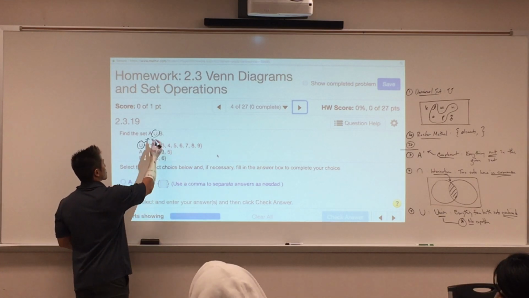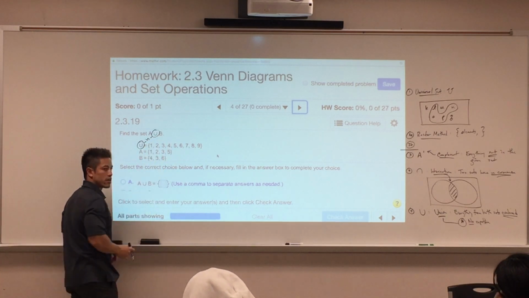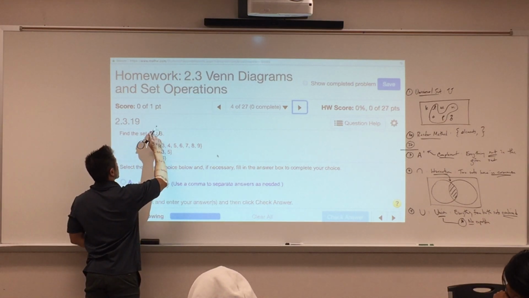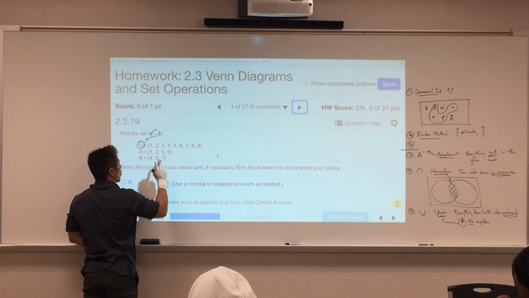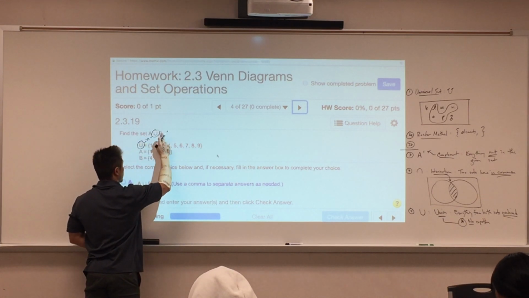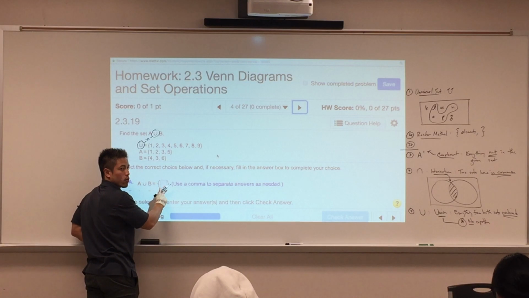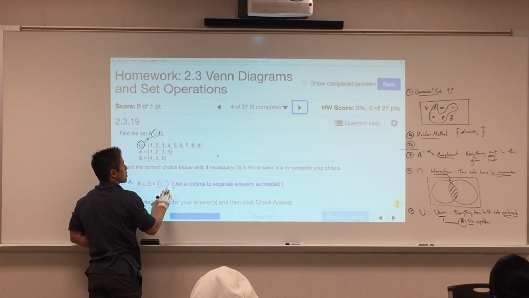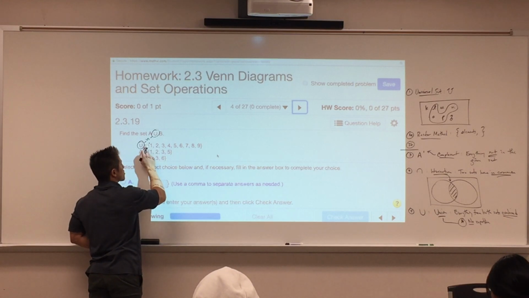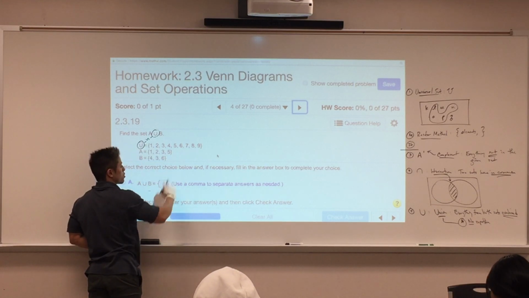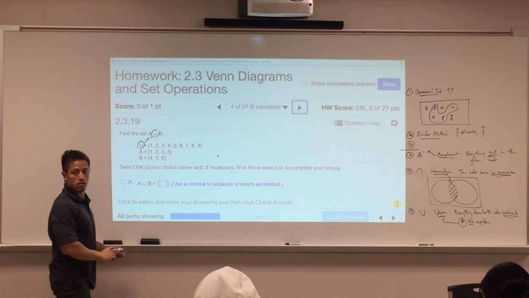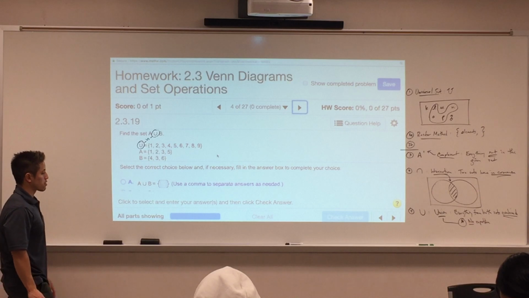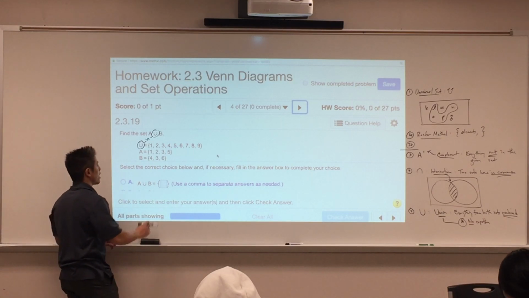This is not saying A universal set B. This is saying, tell me what everything from A and everything from B combined into one set with no repetition would be. What is the union between A and B? Versus the universal set, which tells you what you're working on. Does that make sense? Okay, so you just need to know the difference between the two. With that said, what is the union between A and B?